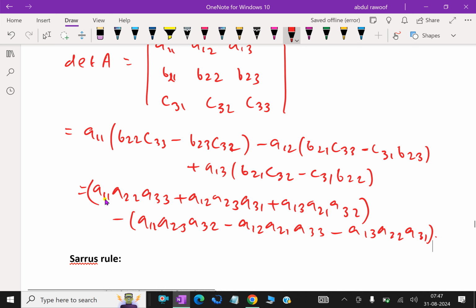So this looks like some complication, but if you practice it comes easy.